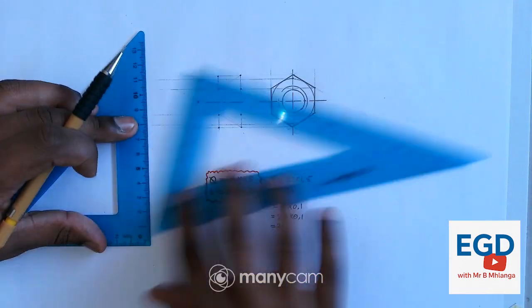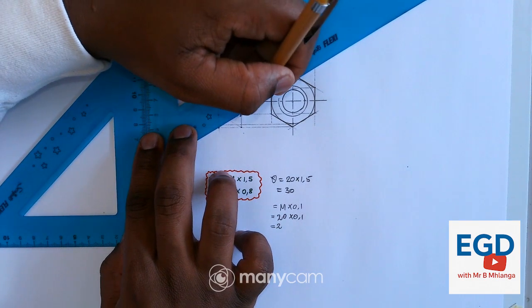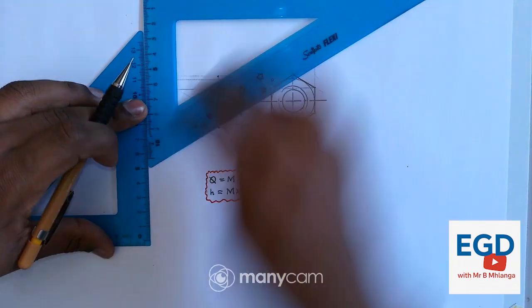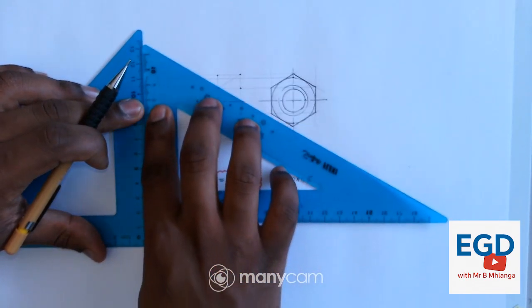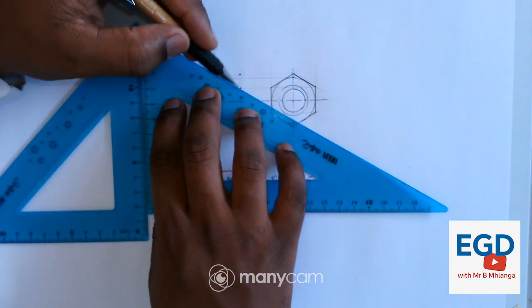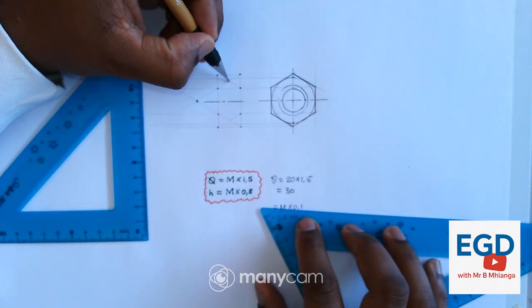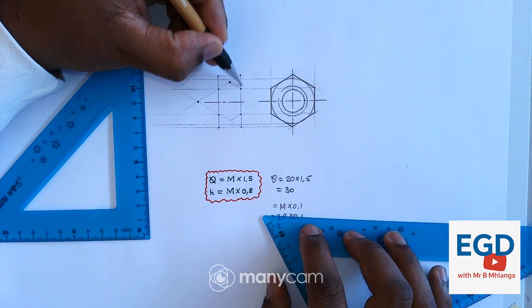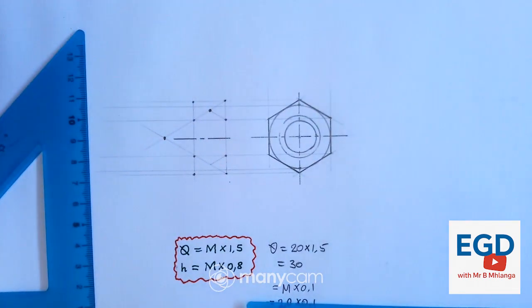Okay, so for the small arc right here, that means I'll have to project this point down to this line here. Okay, do the same thing on the other side. Slide my 30 by 60 to that point, project that point to this line there. So now that means I have a point there. I'll put my compass there and draw that arc there. Let me just zoom that in.